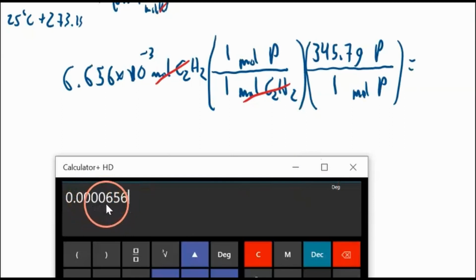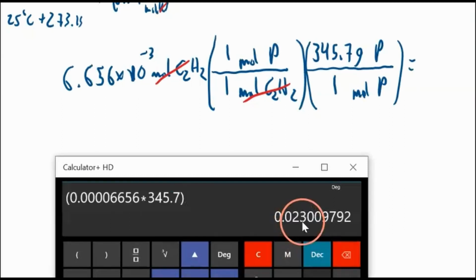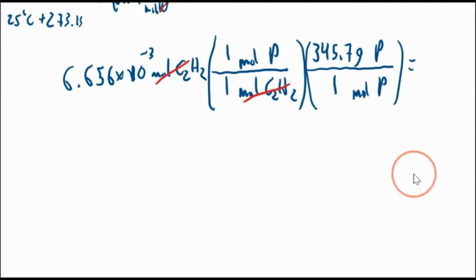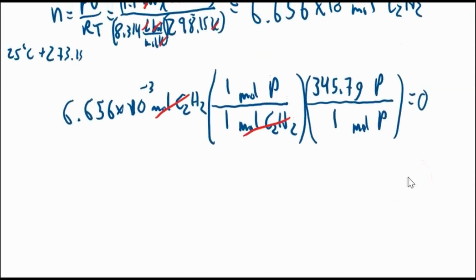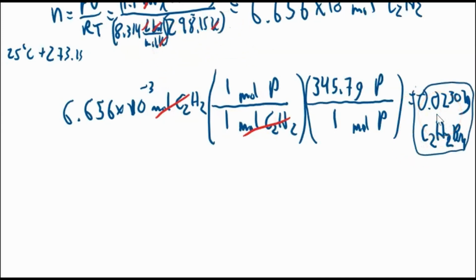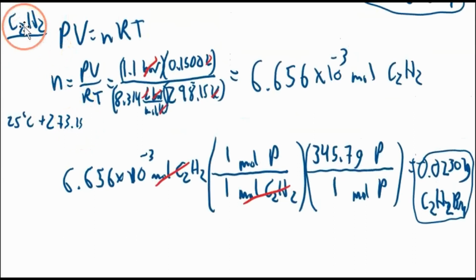Okay, I think that's good. 6.56 times 1 divided by 1 times 345.7 is 0.02301 grams of C2H2Br4.